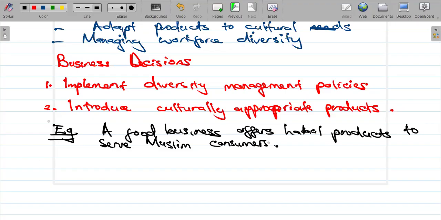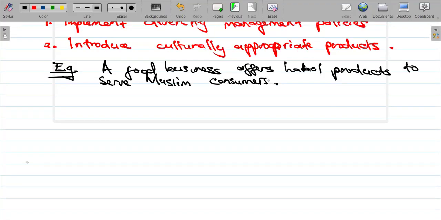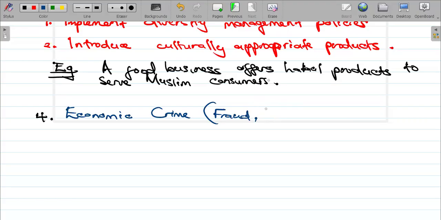Which is economic crime, which includes fraud, theft, and corruption.